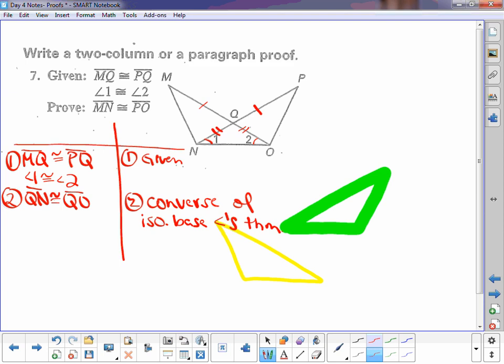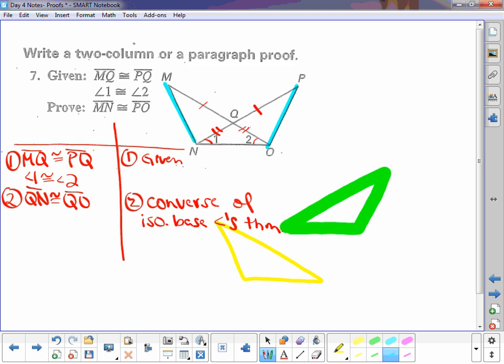Now we've got to be pretty careful with what we do here. We could show that the bow ties are congruent, or we could show the overlapping ones are congruent, but we just want to show that MN and PO are congruent. I was going to head for the overlapping triangles, but we could even just use the bow tie triangles. So what additional information do I know on my picture to help us out?